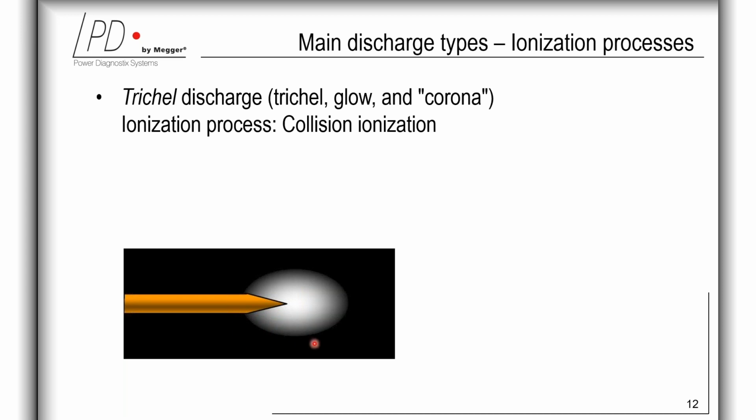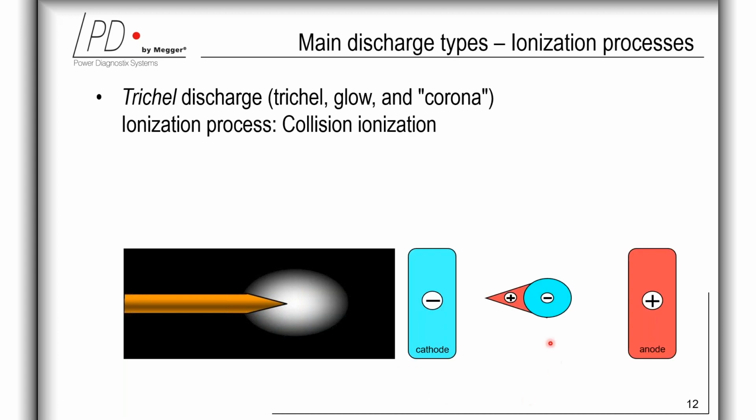And the figure basically is showing the avalanche discharge like Trichel, glow, and corona. Here, the ionization process occurs due to collisions. And this figure initially shows the generation of the additional discharge avalanche due to photoionization.